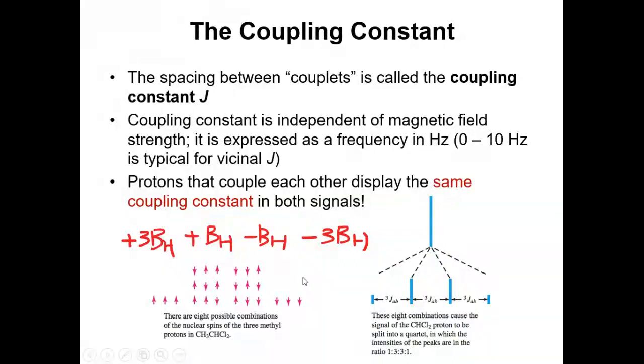I'm not going to go into the details of those ratios, but for those of you interested, the intensities of the different lines in a multiplet, meaning doublet, triplet, quartet, can be described by Pascal's triangle.